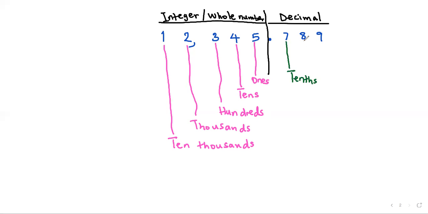The place value of 8 is hundredths. Is that okay? Now, what is the place value of 9? Who can tell me? Thousandths. Very good.